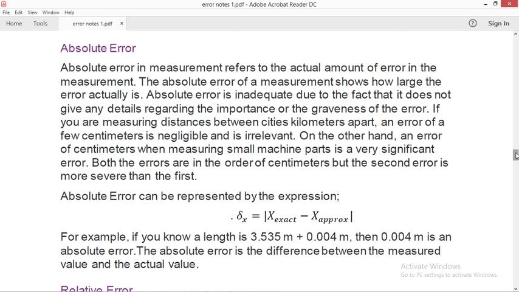But if you are using certain machinery where the elements are smaller in size, their dimension is precise in centimeters itself, and then you make an error in centimeters, that error can be huge. Over here the formula for absolute error is the modulus of x exact minus x approximation. This is an important formula that can be used further for your questions.